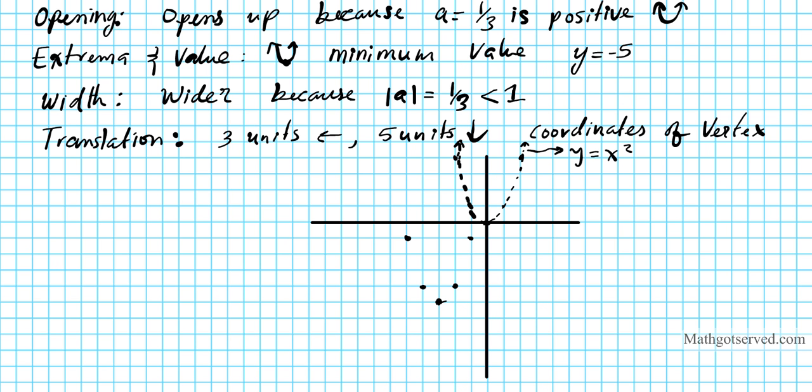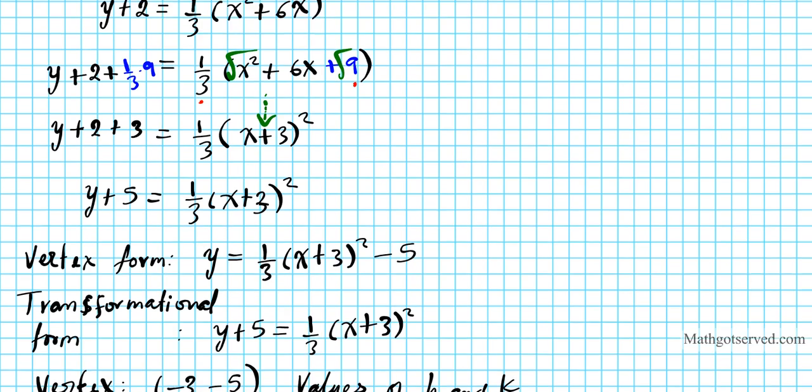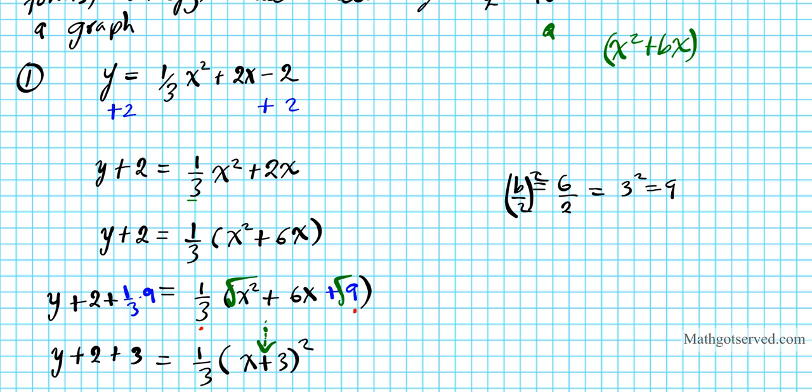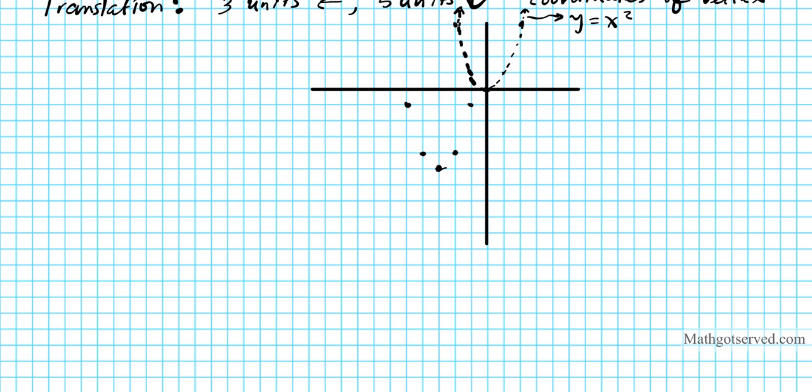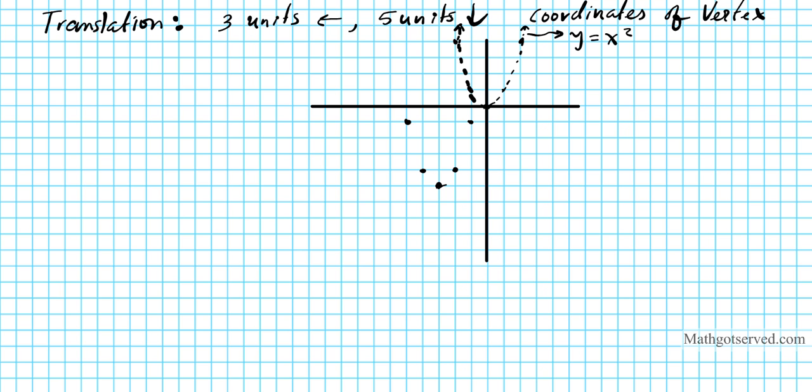Let's see, what is the y-intercept for this parabola? Take a look at it. The y-intercept is -2. So it's going to go through -2 for certain. You see how it's somewhat wider. So use symmetry to sketch that point. Anyway, something like this, wider than your typical y equals x squared.